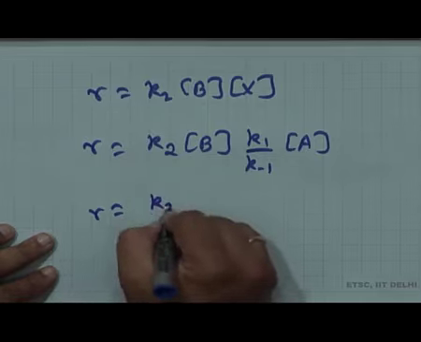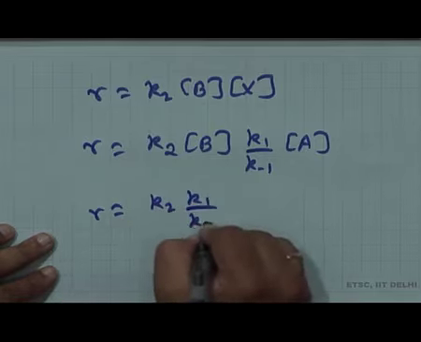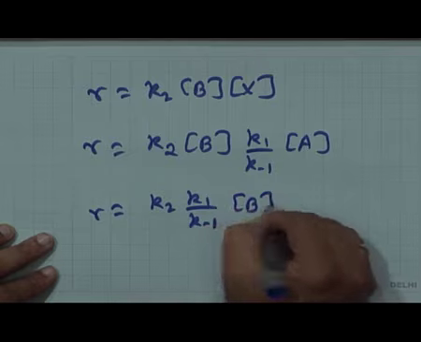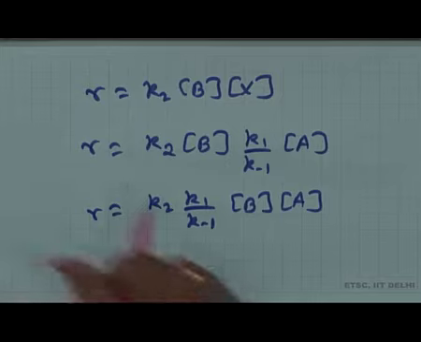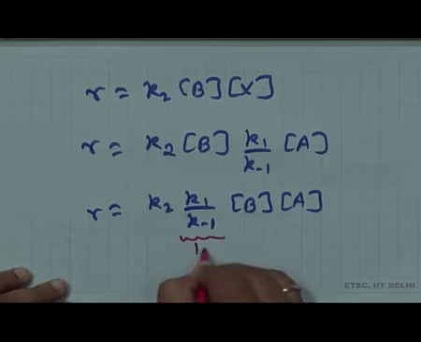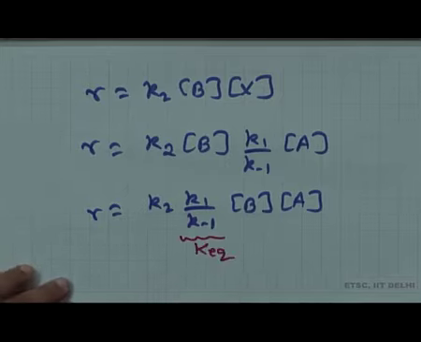Or R is equal to K2 K1 over K minus 1 times concentration of B times concentration of A, right. So this is also K equilibrium.